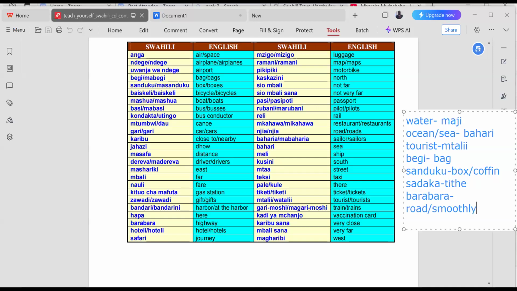Somebody will say barabara with a different pronunciation, and if you pronounce it like that, it means it goes on smoothly without any problem. But when you say barabara, it means road. So how you pronounce it makes a difference. So it's not fast. It's road, or smoothly.